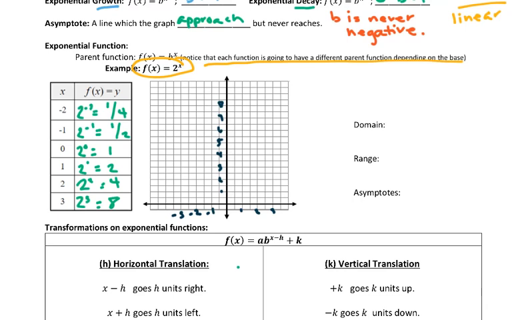So negative 2 is at 1/4. So if that's a half, that's going to be a fourth, right halfway in there. This is not easy to graph on this thing. All right, so negative 1 is at 1/2, which is right on, there we go, that line there. 0 is at 1.